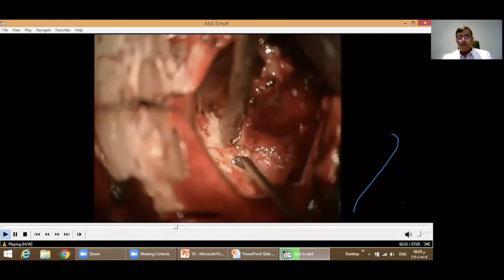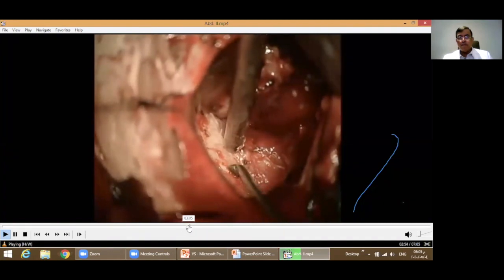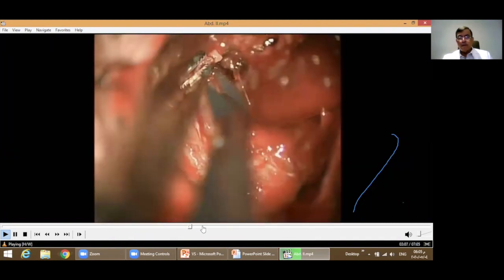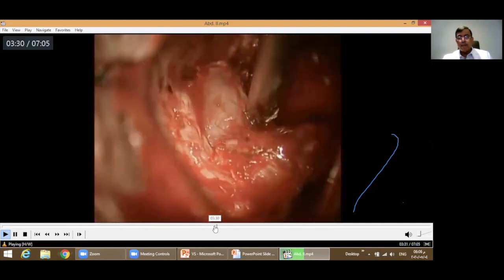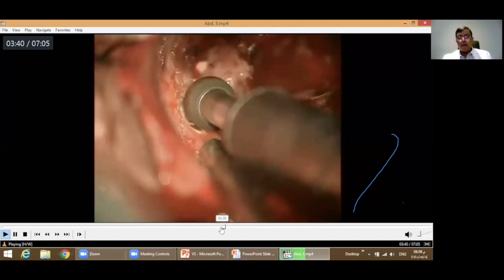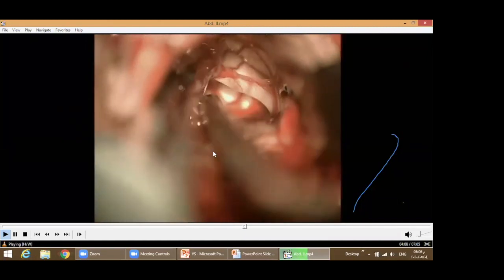Rotan dissector to take the dura off the bone, opening the dural sleeve of the internal canal, and then the drilling of the internal meatus. Then you have seen the nerve here, and then taking the tumor.